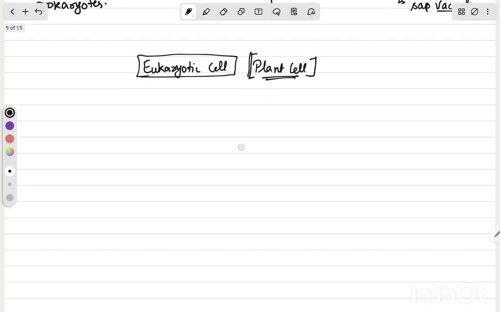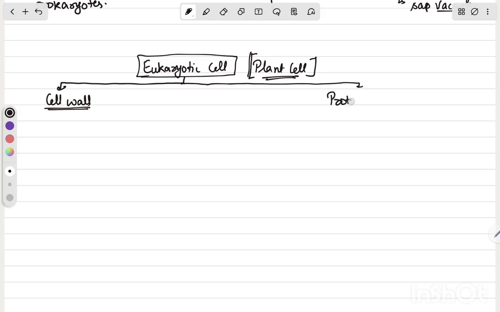Right? What are the components of plant cell? First and outermost component of the plant cell is cell wall. If we remove the cell wall from the plant cell, the remaining component is protoplast.